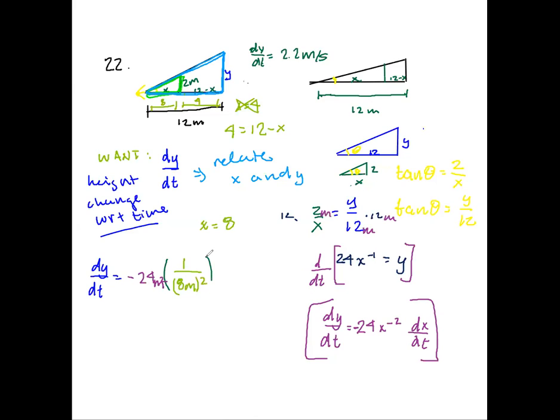And then we're multiplying by dx/dt, which we said up here was going to be 2.2 meters per second. So you can simplify this into negative 24 over 64 meters squared, so these are going to cancel, times 2.2 meters per second.